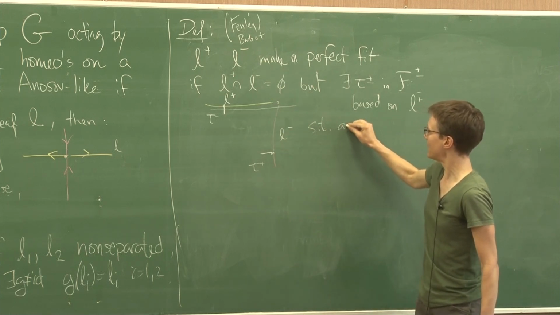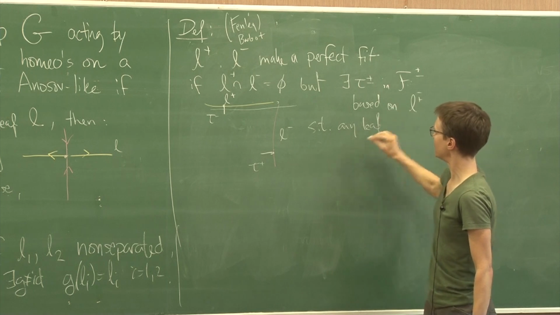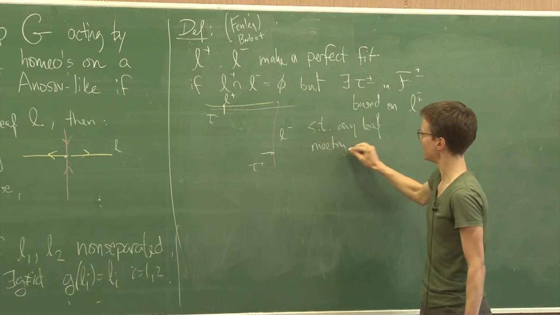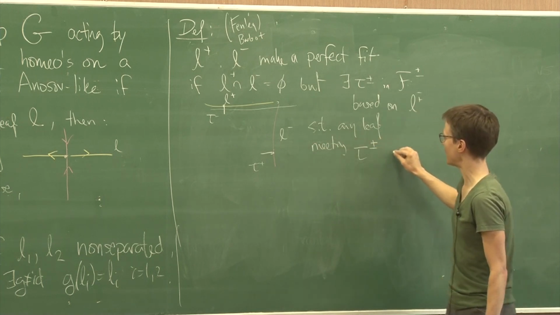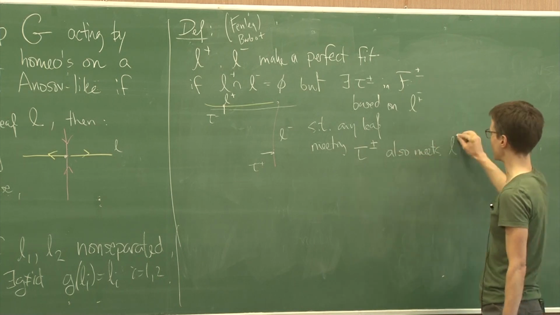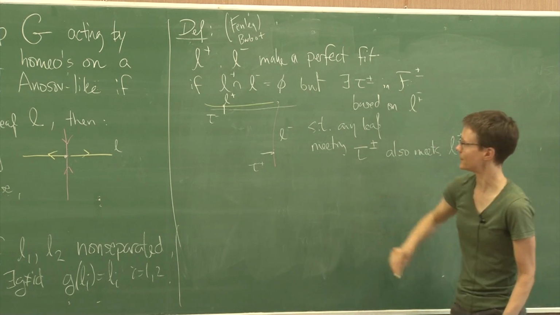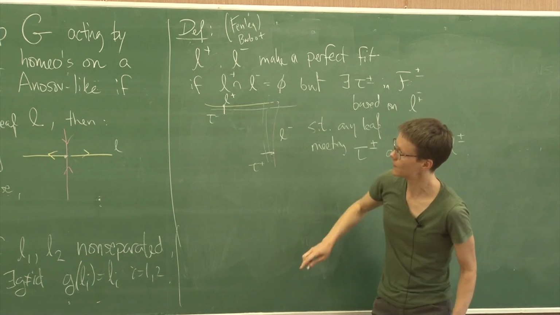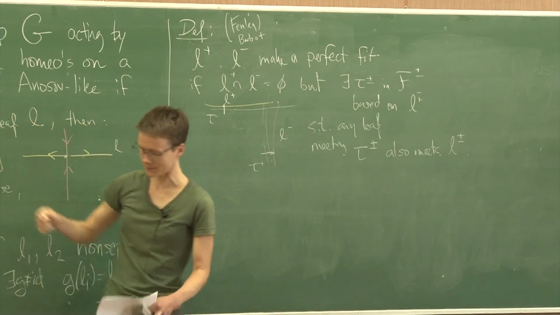So any leaf meeting T plus or minus also meets L plus or minus with the same sign. So it's exactly this picture, what you're seeing at the corner there.